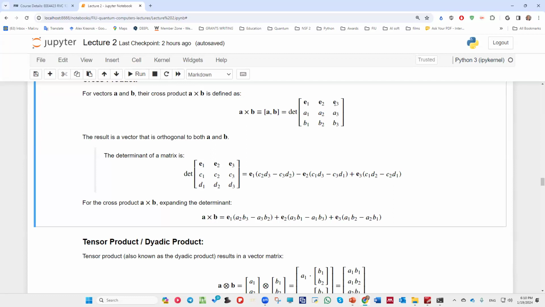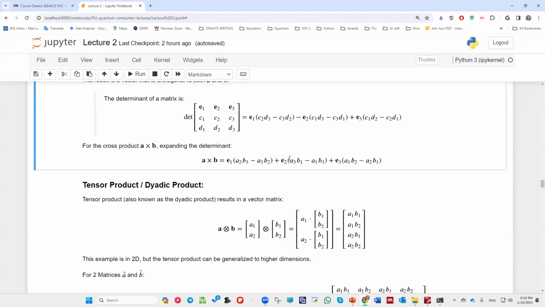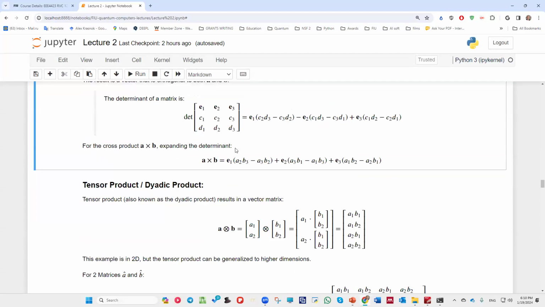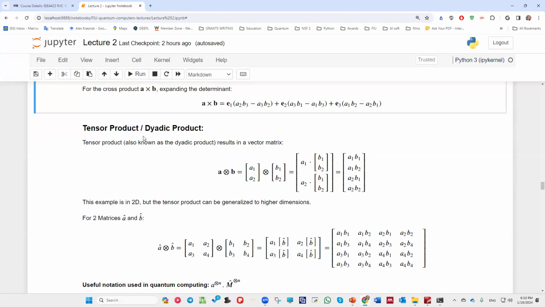With the basis vectors in the space we are in currently, and components of vector A and vector B. So here is the way we find the determinant. I leave it for you because we will return to the point of determinant a little bit later. This is just for you, how to calculate the determinant if needed.